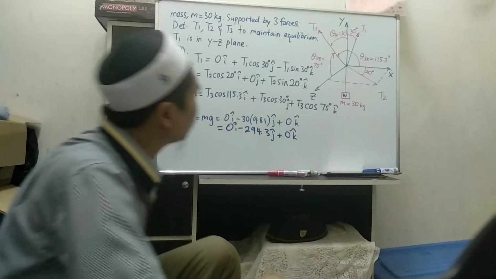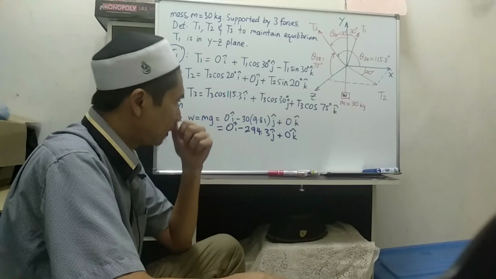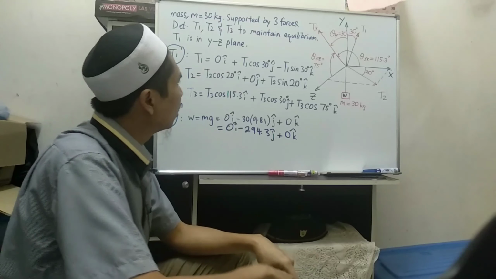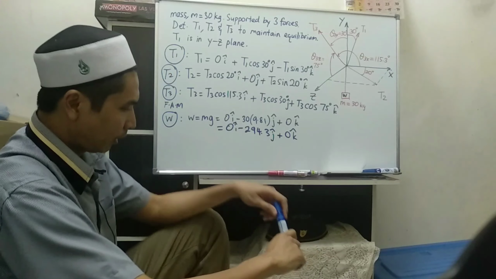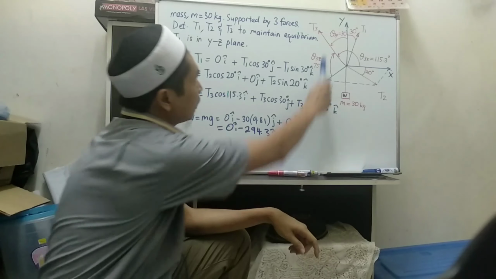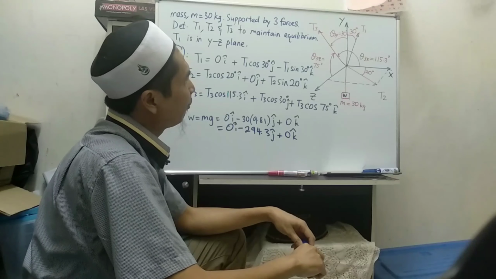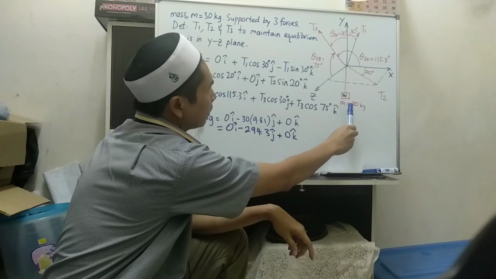Today I'm going to explain this example on a 3D equilibrium problem. In this example, we have a system with a 30 kilogram mass hanging.